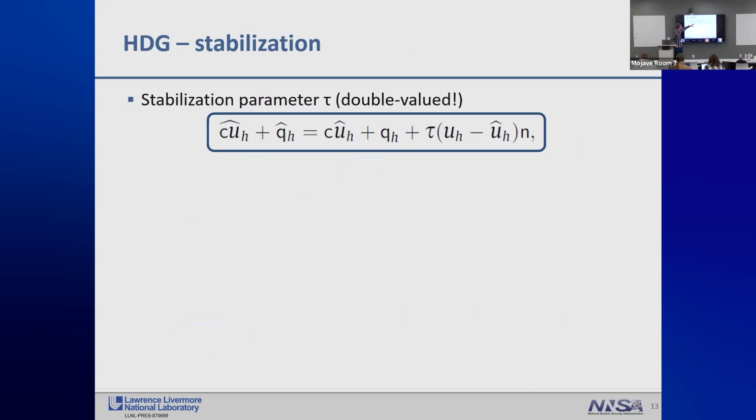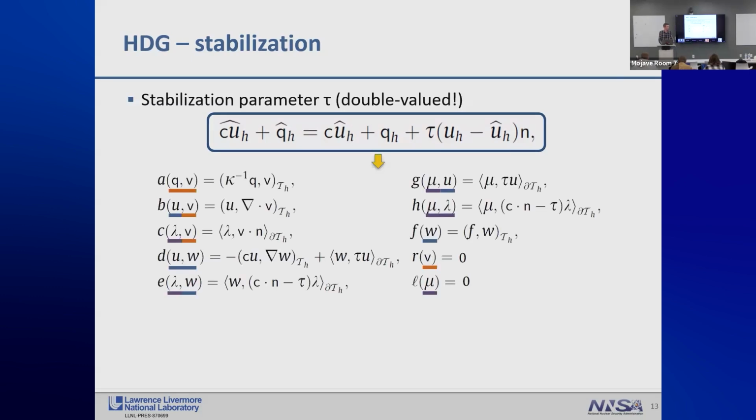So the traces are defined in the following way, where we have a simple stabilization term that forces the local potentials towards the trace values. And when we then substitute the traces of q by the Lagrange multiplier lambda, we obtain the following definitions of linear forms.